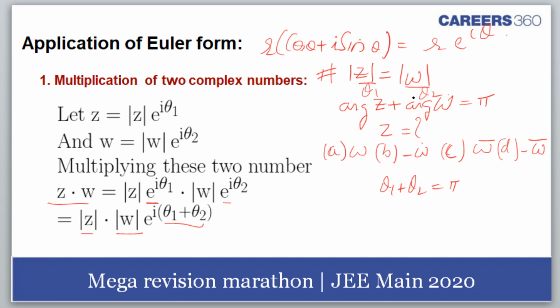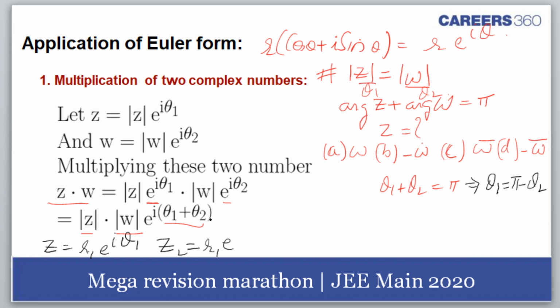I want to express z in terms of w. Can I write theta 1 as pi minus theta 2? By the way, what is z? z is r e^(iθ1), and w has the same modulus because their moduli are the same.